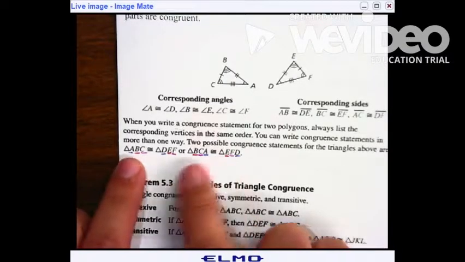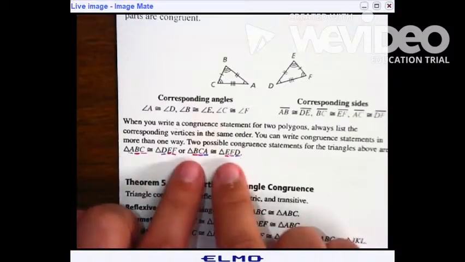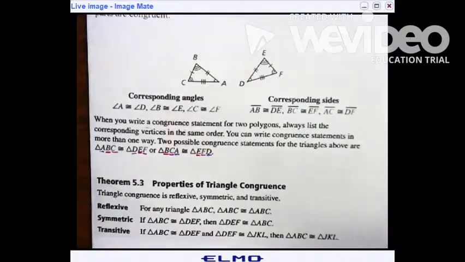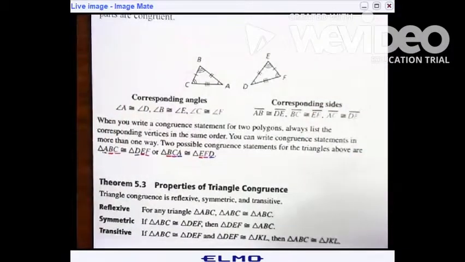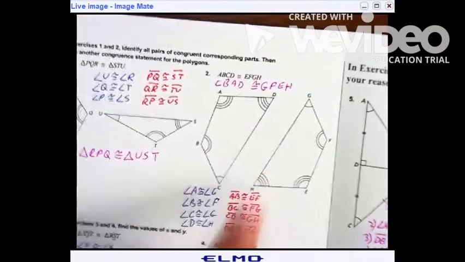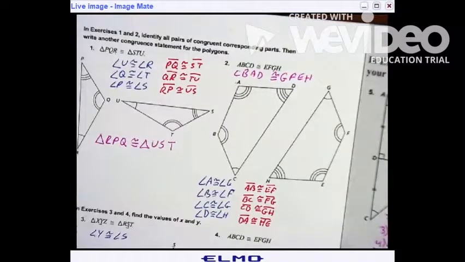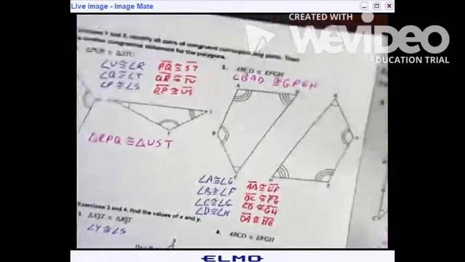Congruent vertices have to go together. Next, you have to have all of the pieces of one shape, whether it's a triangle or a quadrilateral or whatever it is. All of the corresponding angles have to match. All of the corresponding sides have to match.